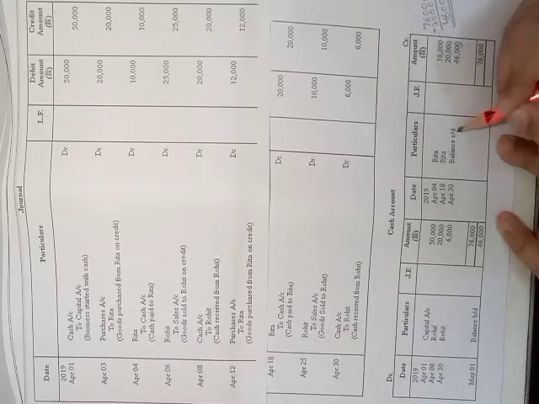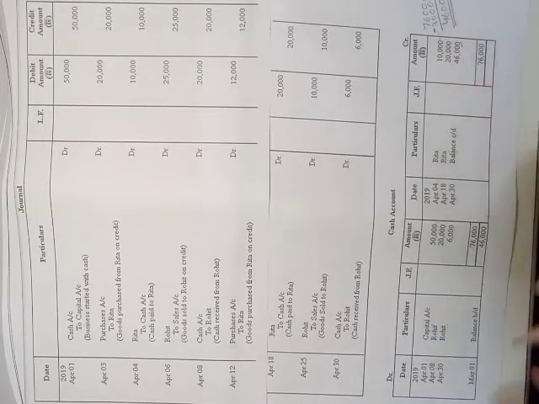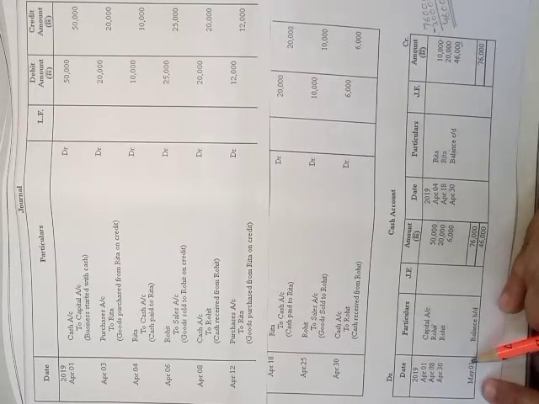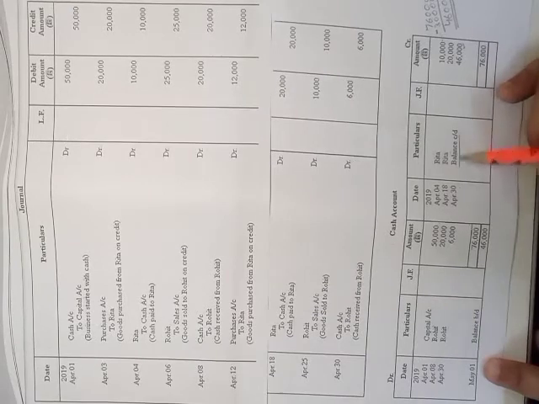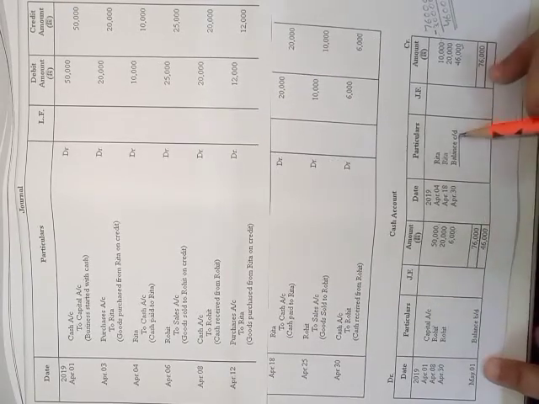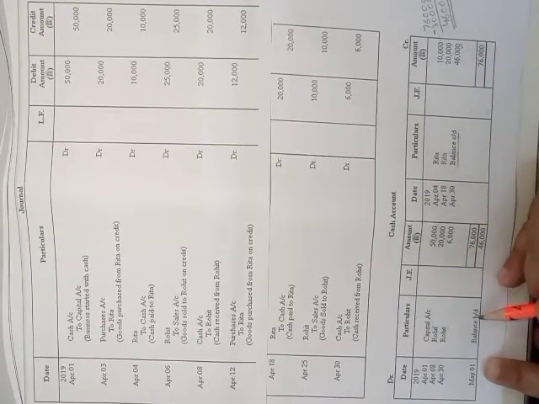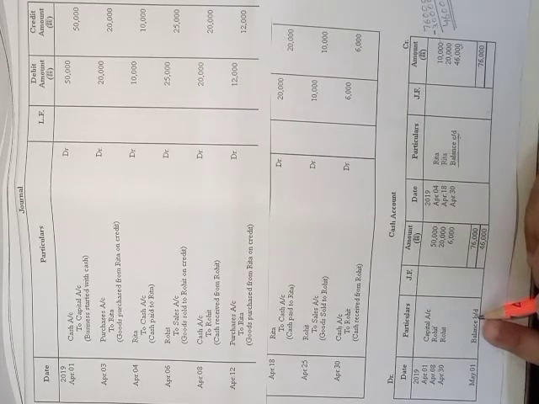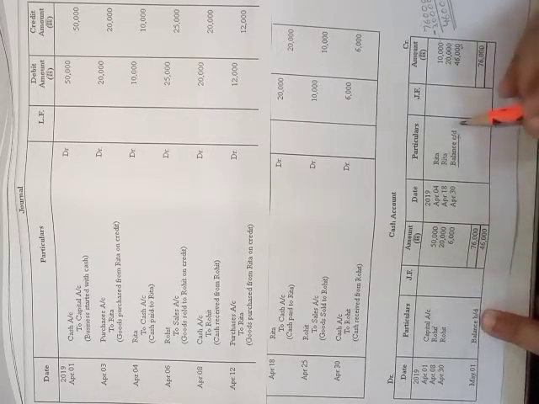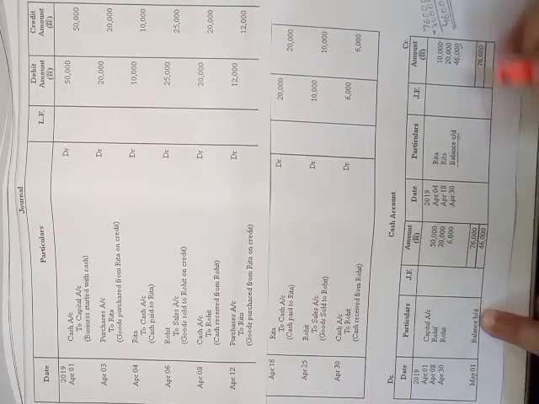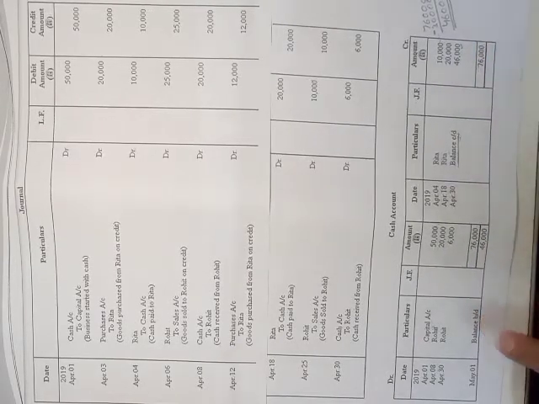This total will be taken to the next date, that is carried down. So the next date, of the next month, is May 01, and the same total will be brought down. It was c/d, carried down, and on the next date, May 01, I have written here balance b/d, brought down, that is the same balance, 46,000.